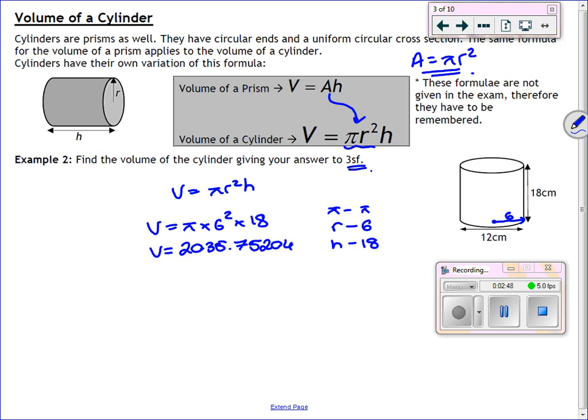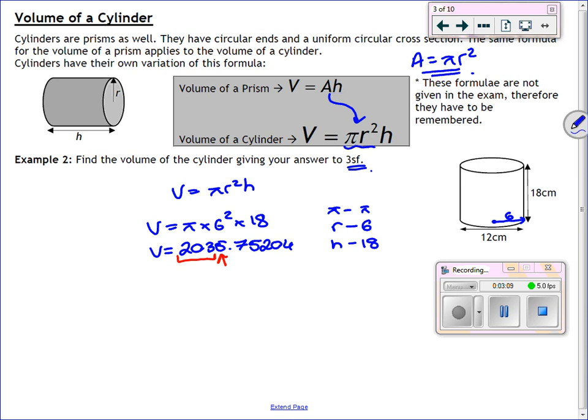I want to round that to 3 significant figures, so it means that I'm going to chop my number off after the third figure, or I'm going to make my rounding decision, which is probably a bit more accurate. So because the 5 here is 5 or more, so we round up the way, that 3 becomes a 4.